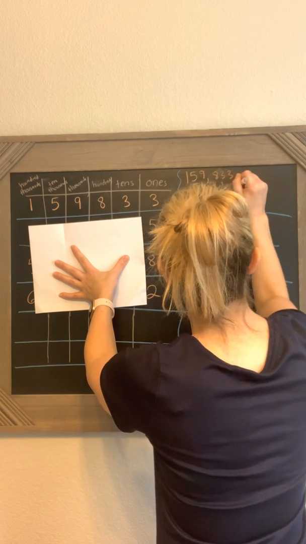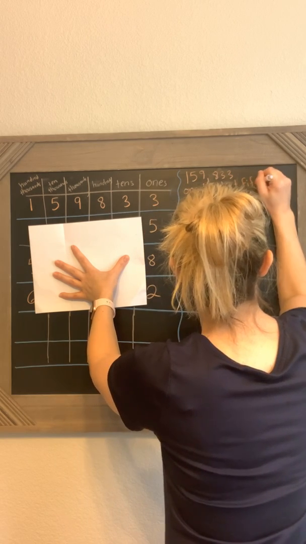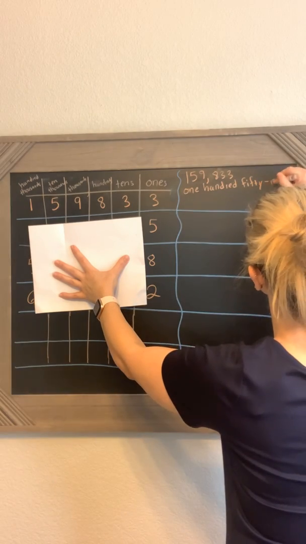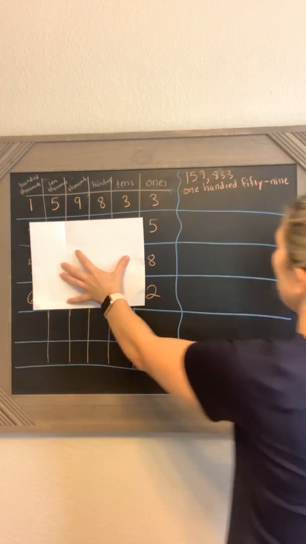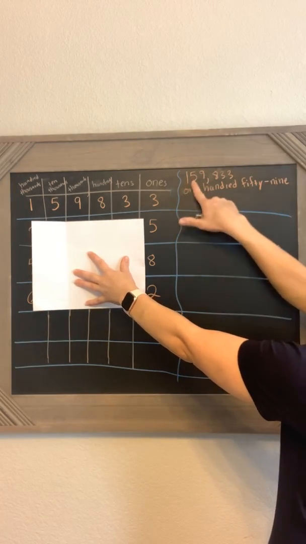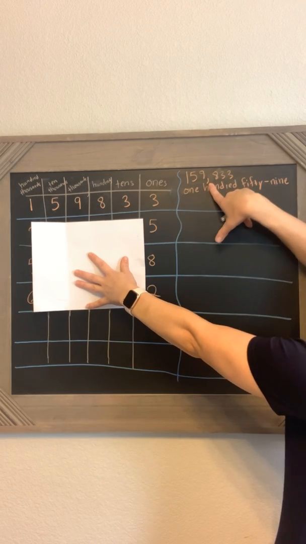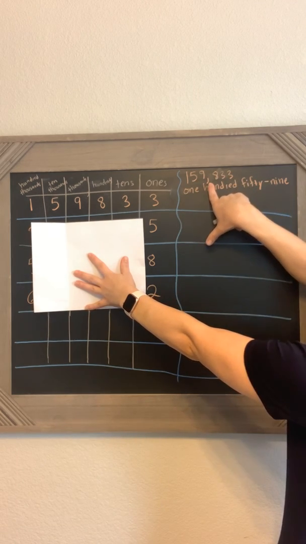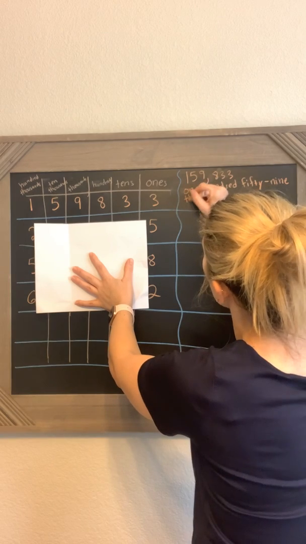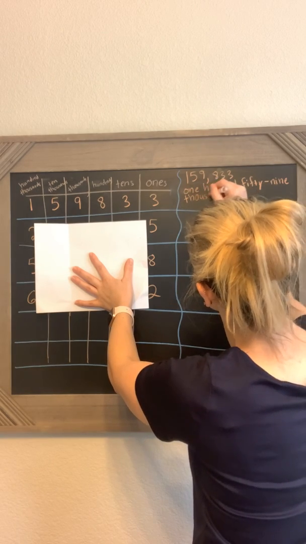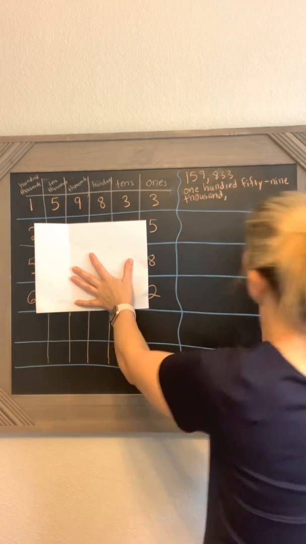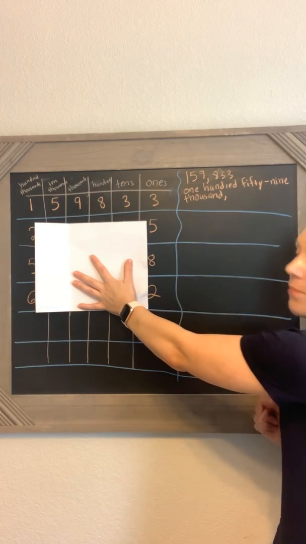100, 50, put your dash, 9, 159, and at that comma, remember, we say the word thousand. So write the word thousand, and then put your comma after that word thousand.